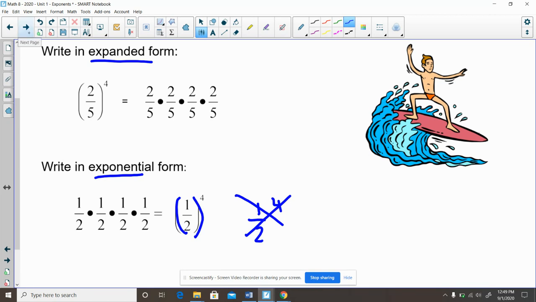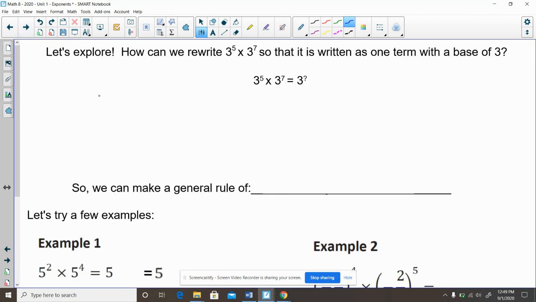Okay, let's take a look at our next page. Let's get into our first law. Let's explore. How can we rewrite this expression, 3 to the 5th power times 3 to the 7th power, so that it is written as one term with a base of 3? So 3 to the 5th times 3 to the 7th equals 3 to the what power?